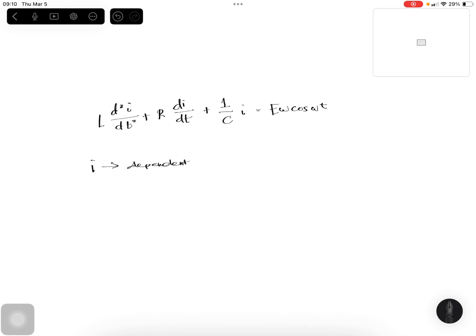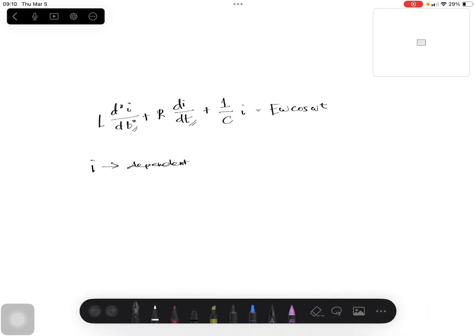So in this case, nag-derive tayo ng I with respect to t twice. Therefore, t is our independent variable.